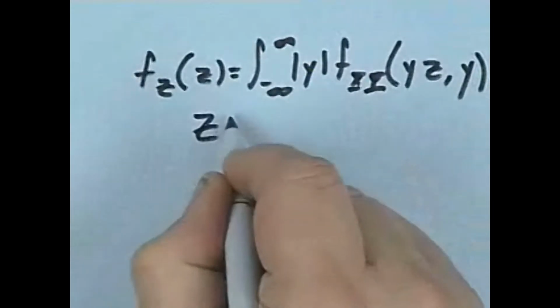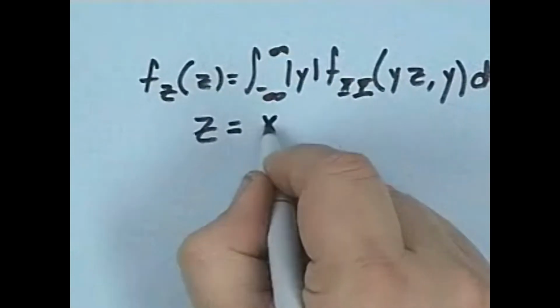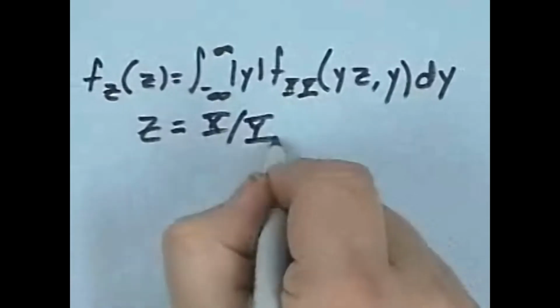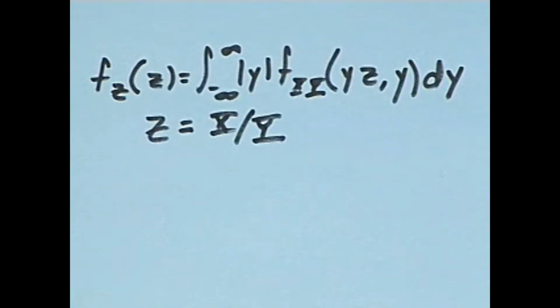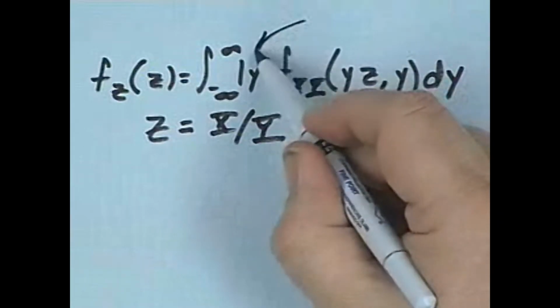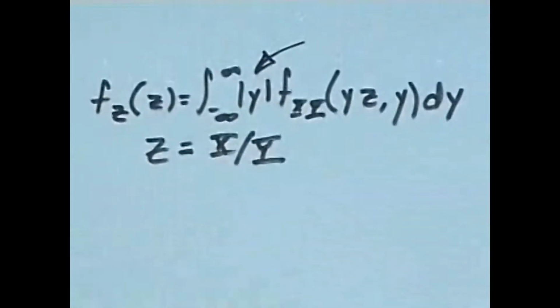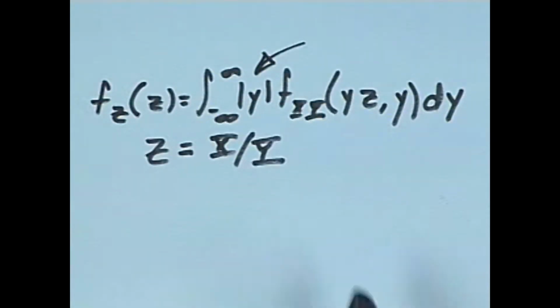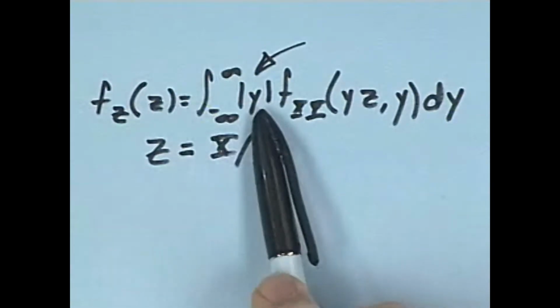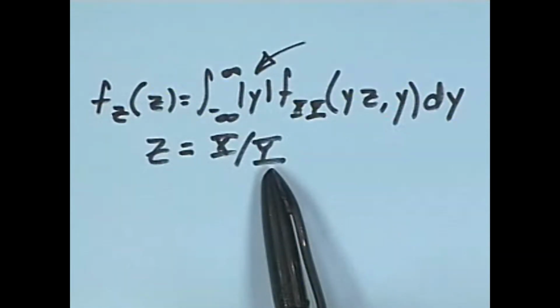And this is if z is equal to x over y. Okay, thank you. I'm going to keep this just for a second. And your question is, why does this magnitude have to be here? Oh, so that's something that we derived in class? Yes, I think we derived it in class for when x and y were non-negative.